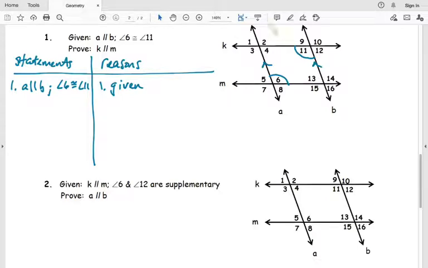Remember, 6 has a relationship with these angles, and it has a relationship with these angles. 11 has a relationship with these angles, or it has a relationship with these angles. But 6 and 11 don't have a relationship with each other. So we're going to do some extra work here in order to prove that lines K and M are parallel to each other.